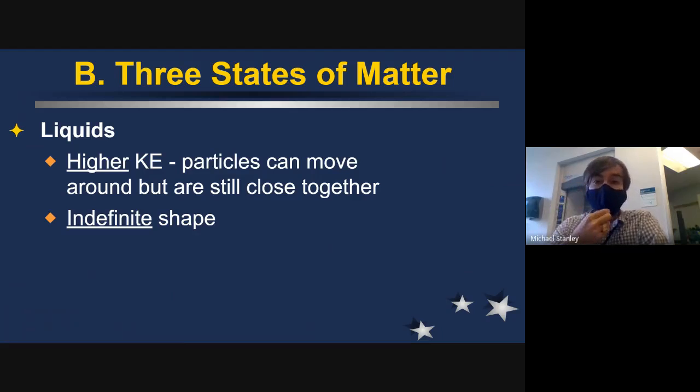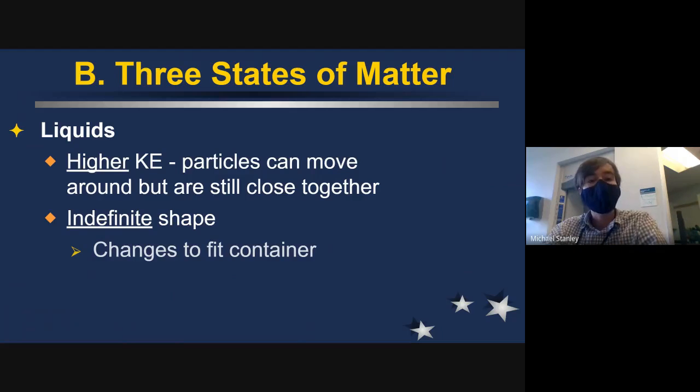One of the big things that results from this is that liquids have what's called an indefinite shape. A liquid does not have a defined shape. Like if I try to ask you, hey, what shape is water? That question doesn't really make sense. Water can be whatever shape that you want it to be. So the shape of the liquid changes to fit whatever container that it's in.